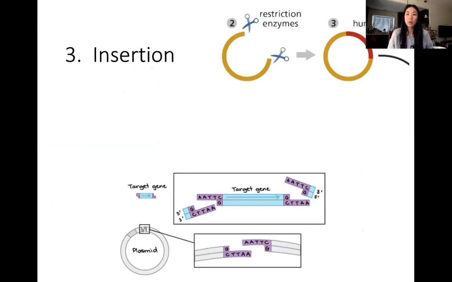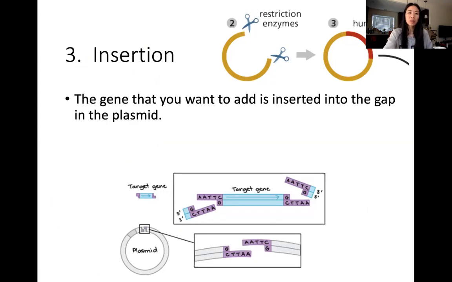One way that scientists have figured out how to get more insulin is to insert this insulin gene into a plasmid and ask bacterial cells to produce insulin protein for humans to then package up and use. So insertion, in this stage, the gene that you want to add is inserted into the gap in the plasmid.